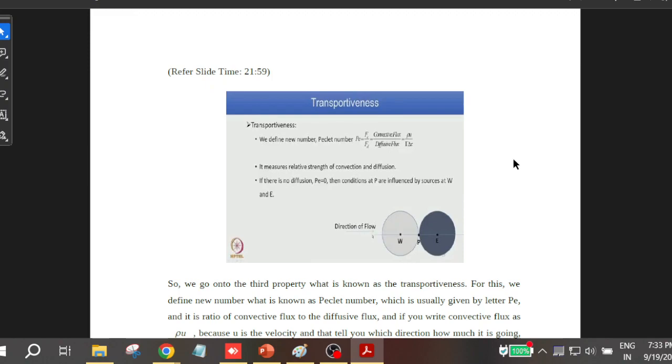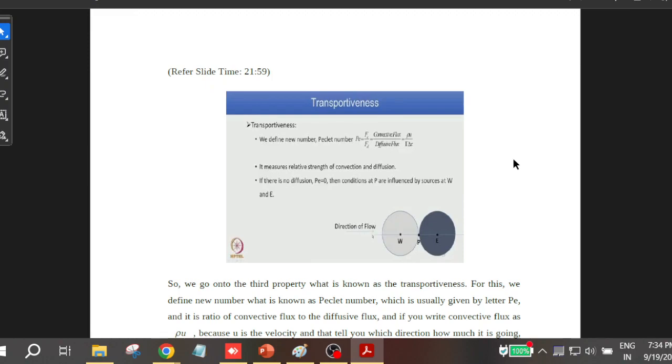If there is only pure advection, it should be influenced by either W or E. I think what they meant was convection: if there is no convection, then Peclet is equal to 0, and the conditions at P are influenced by both sources at W and E. If there is some convection, the conditions at P are influenced only by the dominant flow direction.